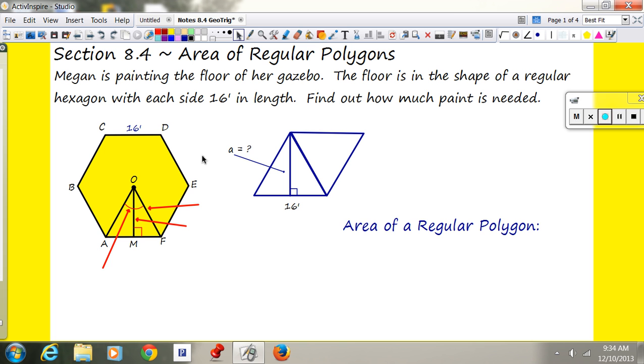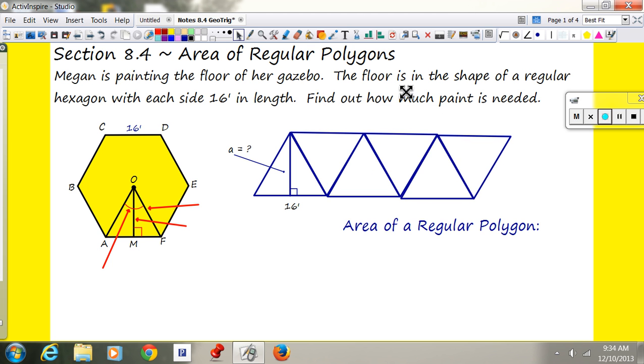But inside, how many triangles do you think we would have inside of the hexagon? There'd be 6 of them. So I could take and duplicate these. That would be 4. And duplicate it again, that would be 6.